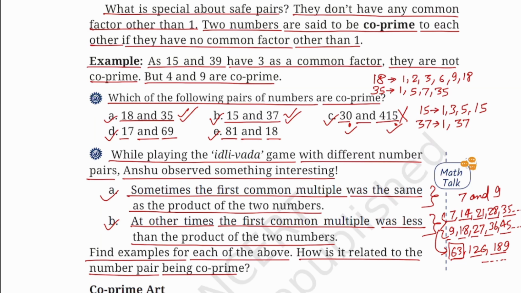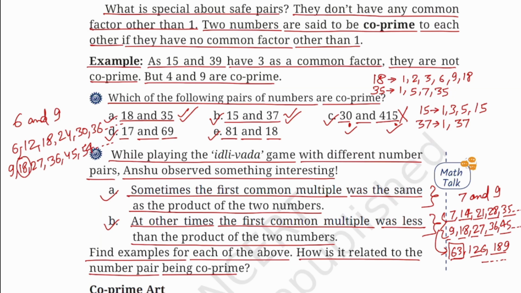Let's take another example, a pair of numbers having a common factor other than 1, such that they are not co-primes. For example, 6 and 9. Multiples of 6 and so on. Multiples of 9 and so on.